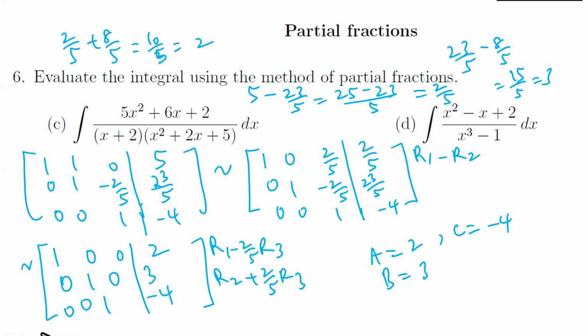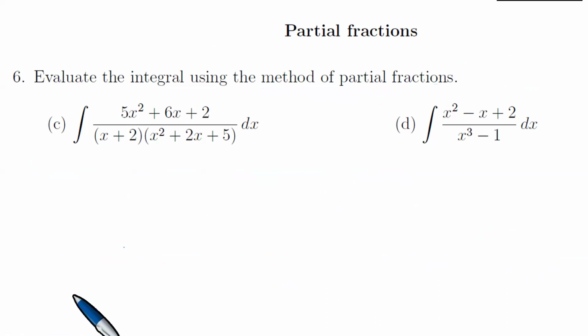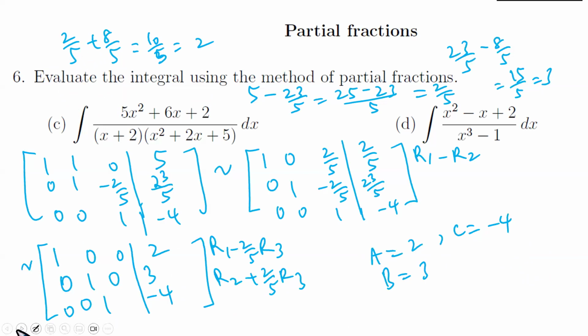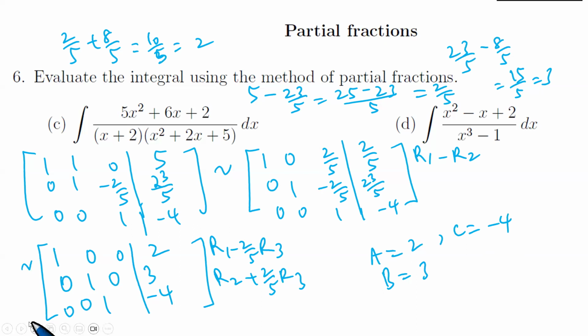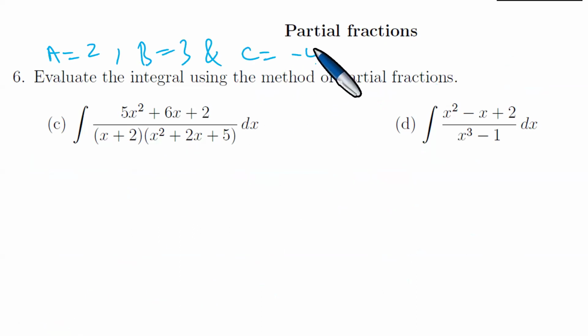Right. And with this mentioned, we've got that A is 2, B is 3, and C is -4.